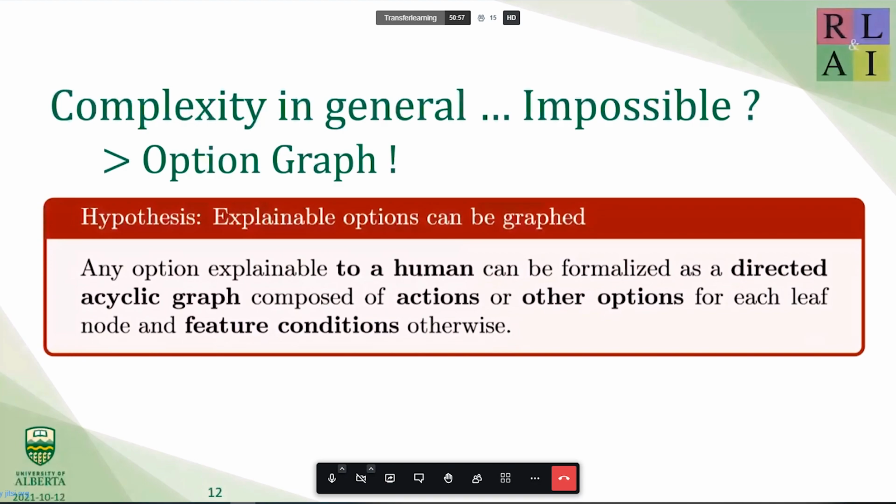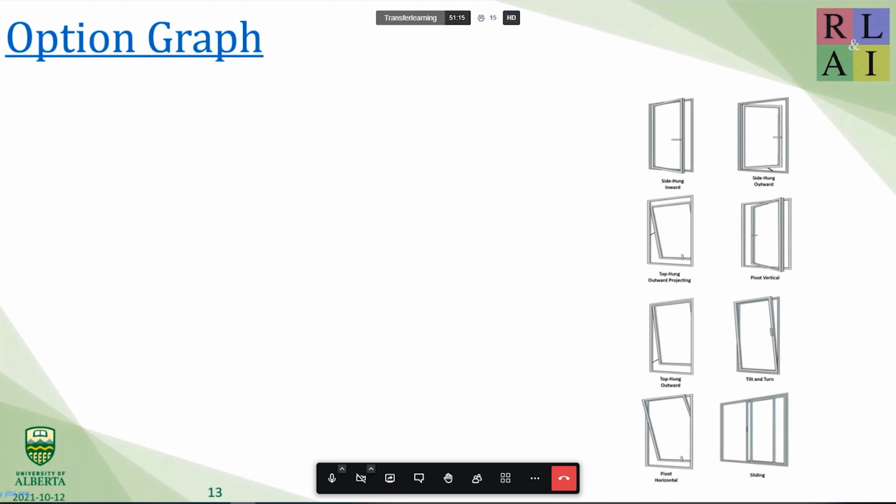I only want to be able to quantify the complexity of explainable options, explainable structures. And my claim is that any option that is explainable to a human can be written as a graph in some way. And that's what we will see in this example.